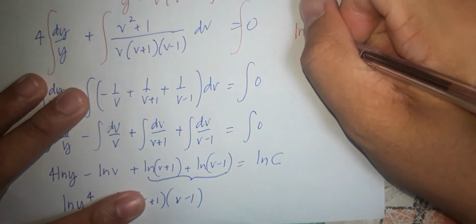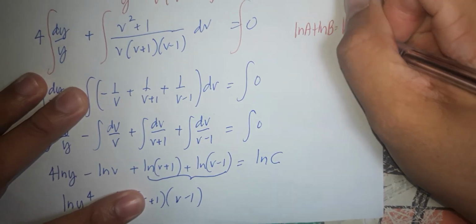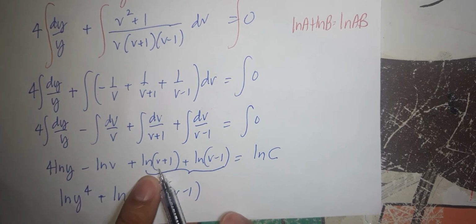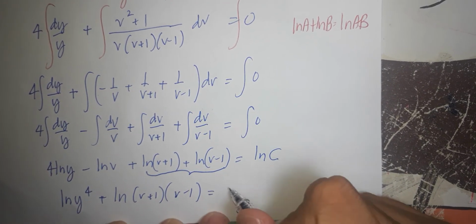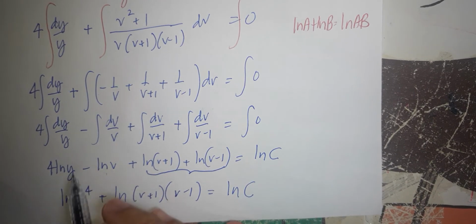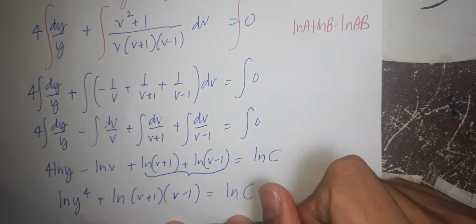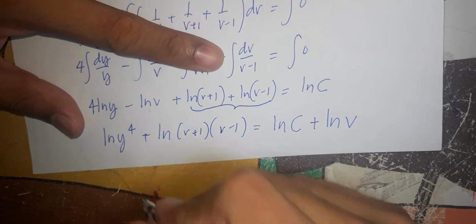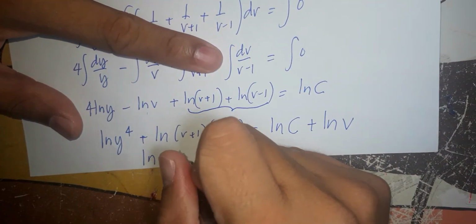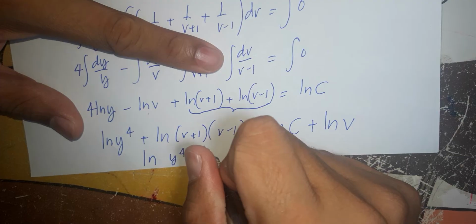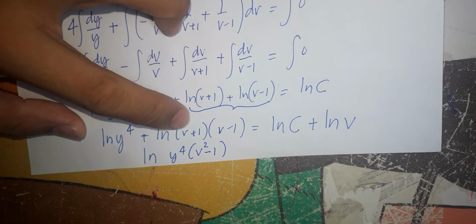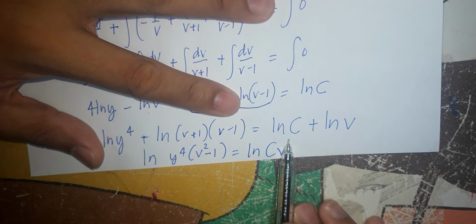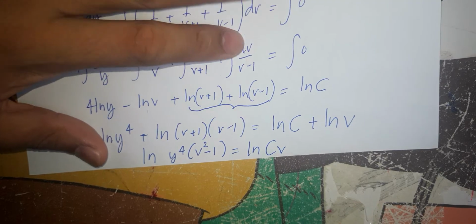So remember, ln a plus ln b is ln a times b. So that's why it becomes ln of v plus 1 times v minus 1, is equal to ln c. Transpose natin tong ln v na ito sa kanan para mas madali natin siyang ma-combine. So this gives you ln of y to the fourth times v squared minus 1. That's v plus 1, v minus 1 is v squared minus 1, is equal to ln cv. Again, taking the product of c and v.